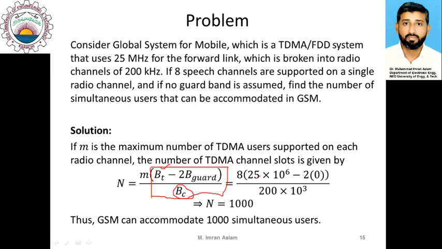For this case, we have 25 megahertz allocated spectrum, and we want to divide it among several channels, each of 200 kilohertz.